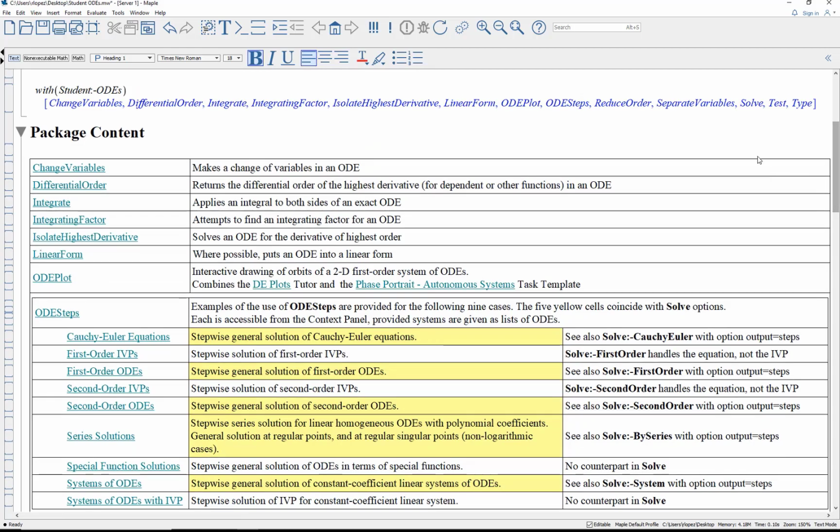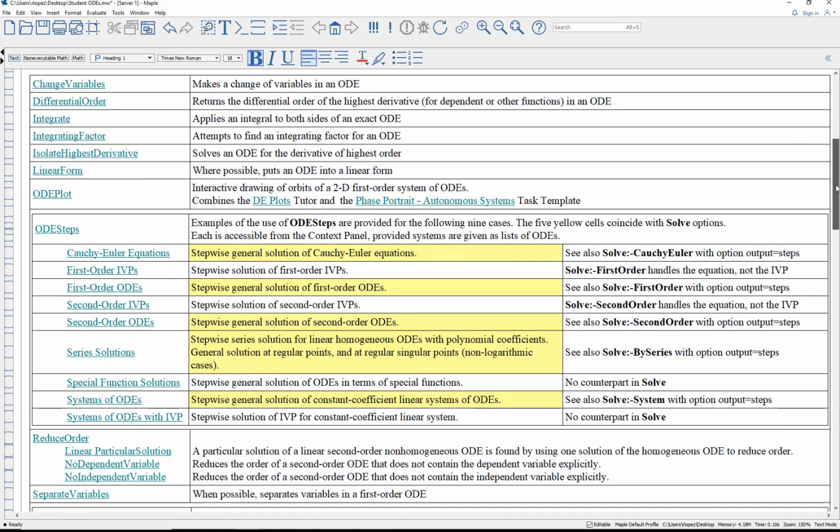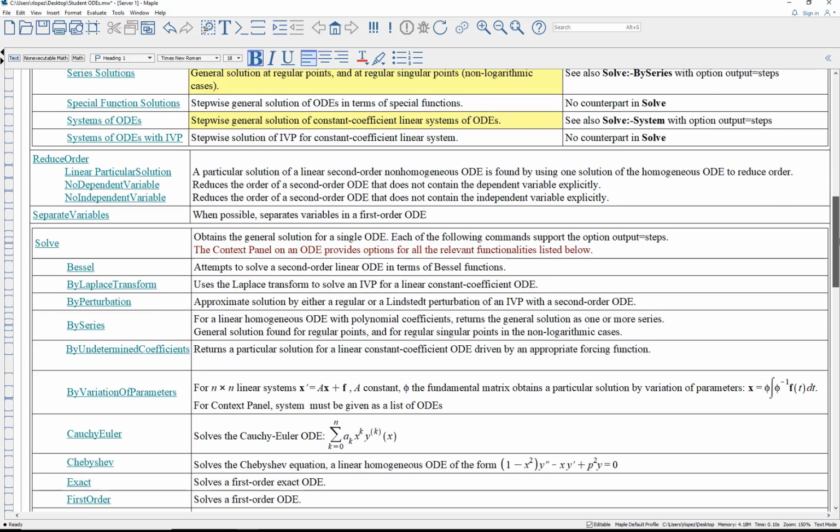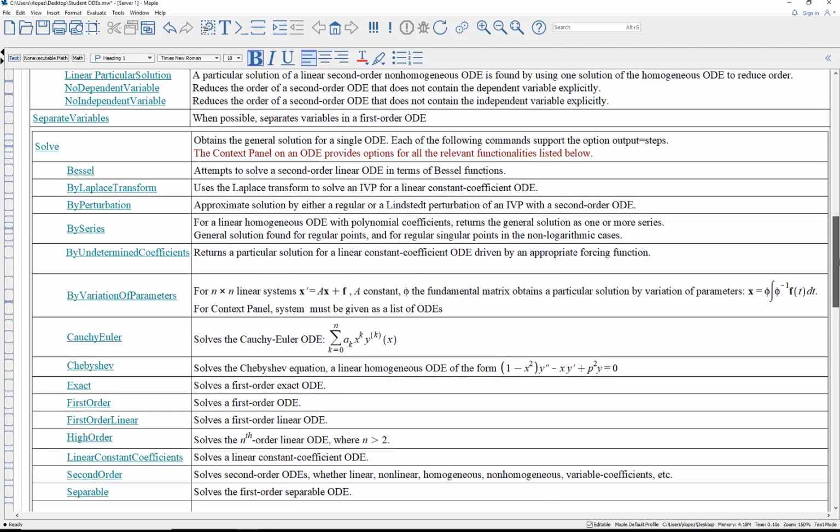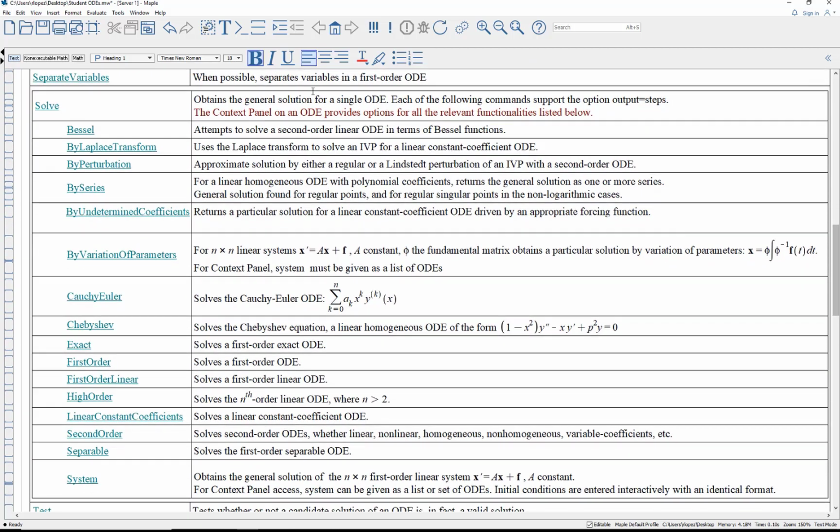The next command in this list is the solve command, and it has all of these subcases. If an equation ends up with Bessel functions, you can solve by Laplace transform. You get a perturbation solution, a series solution, undetermined coefficients to get a particular solution, variation of parameters, but that applies to a linear system.